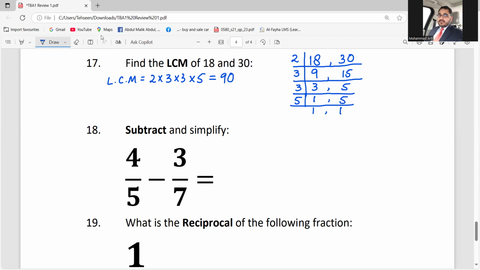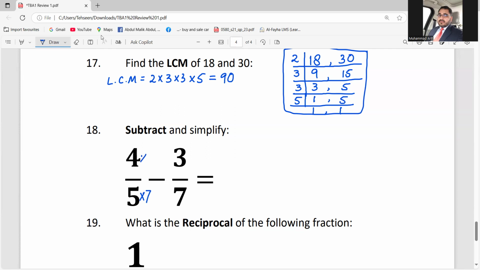The way is the same as here we have done this LCM. When these two numbers are in the denominator, we can say LCD. Otherwise, the method is the same to find LCM or LCD. Here the LCD of 5 and 7 is 35. We need 35 in both the denominators. 5 multiply 7 is 35.